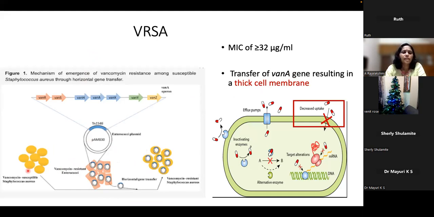So if you look at this, these are vancomycin susceptible Staph aureus, which can be MRSA, and with continued exposure, and if there are vancomycin resistant enterococci around, then a gene transfer occurs from these enterococci to the vancomycin susceptible Staph aureus, and over a period this is integrated and becomes VRSA, and this results in a thick wall now of the Staph aureus, so that the vancomycin wouldn't get in. So there is a decreased uptake resulting in resistance.